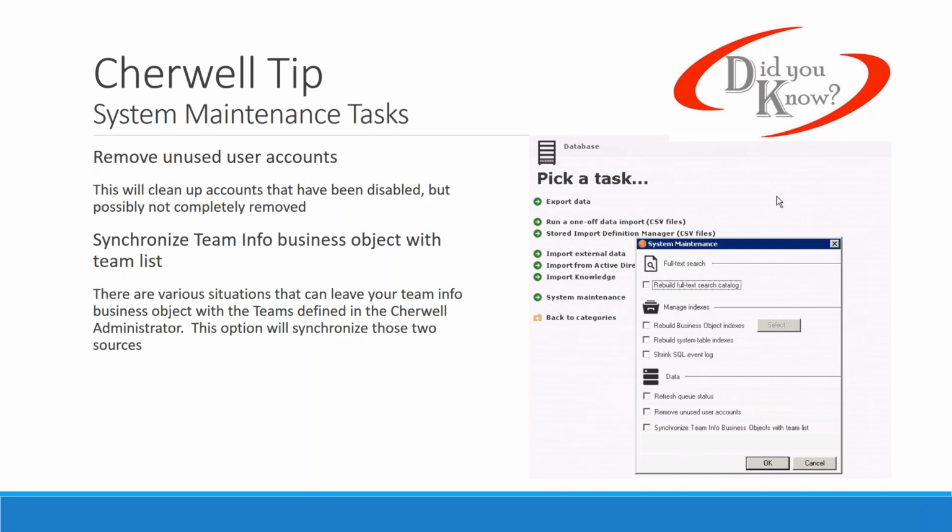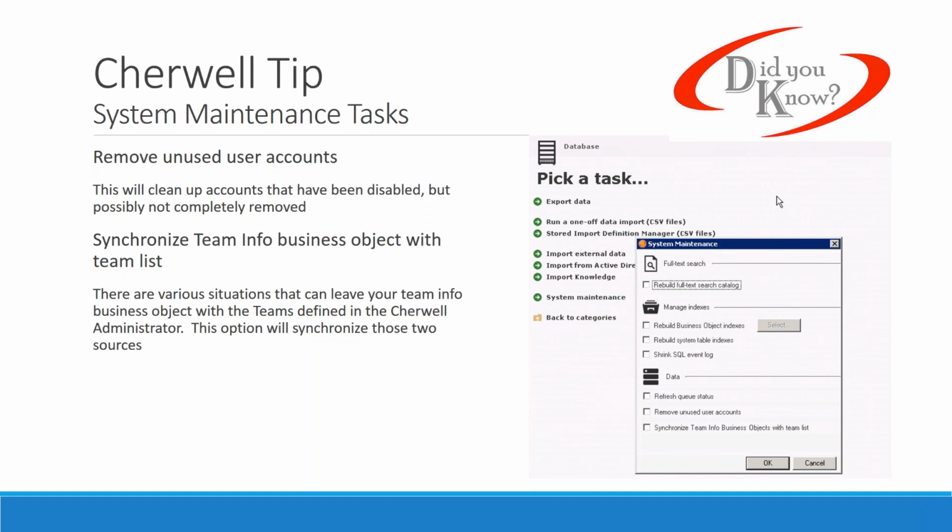The other item on that screen is synchronize your team info business objects with a team list. Originally, Cherwell provided just the team list that was inside the administrator. Later on, I think in version 7, they added a team info business object.